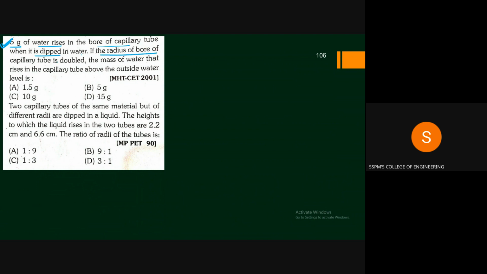If the radius of the bore of the capillary tube is doubled, the mass of the water that rises in the capillary tube above the outside water level is. Basically here we want to find the relation for the mass when we increase the radius from the initial radius. Just consider this is the initial glass tube and it is inserted in the liquid.